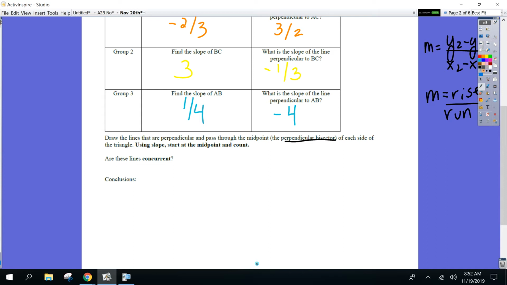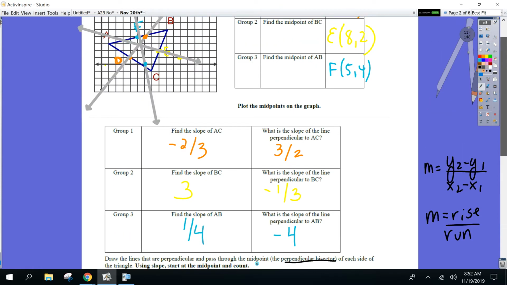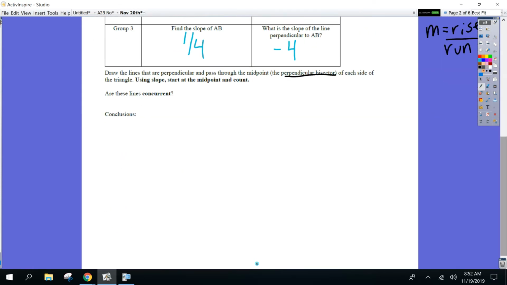Are they concurrent? What's concurrent mean again? 3 or more that intersect at the same point. I think that covers it right there. So they are concurrent.